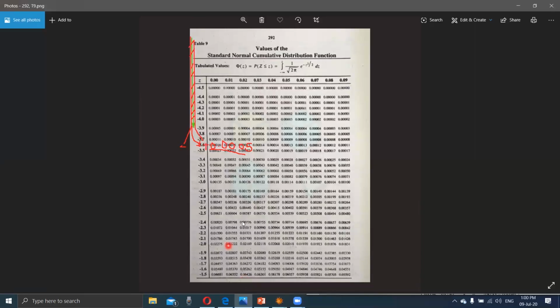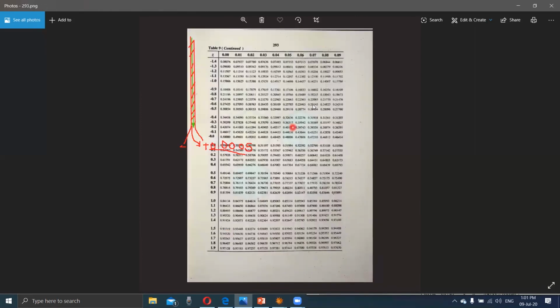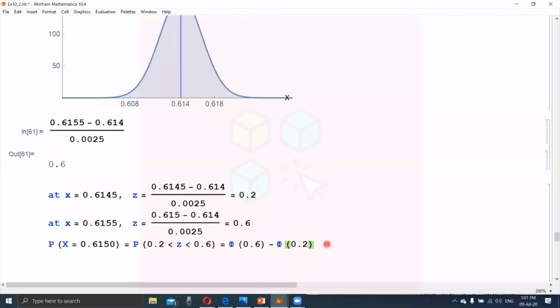So the table gives us the result at 0.6 and 0.2. So from here at 0.2 it's 0.57926, and at 0.6 it's 0.725. So we will write here their corresponding values and subtract them and get the answer.